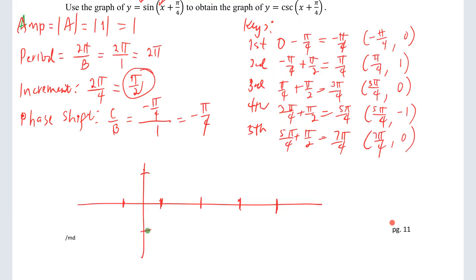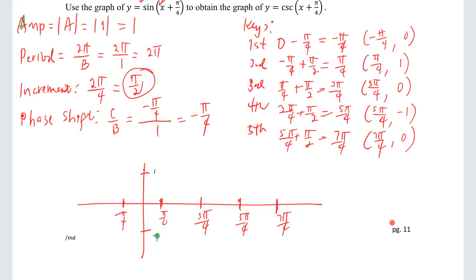Let me write those values first. This is negative pi over 4, this is pi over 4, this is 3 pi over 4, and then 5 pi over 4, and then 7 pi over 4. Of course, these are 1, negative 1.